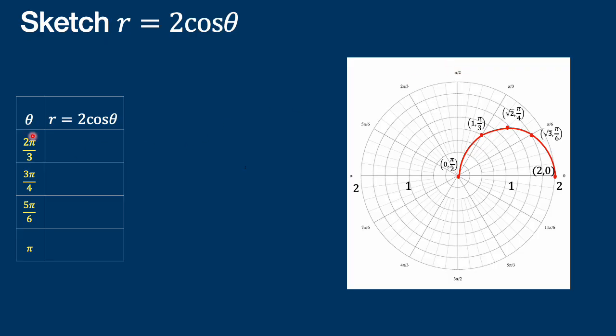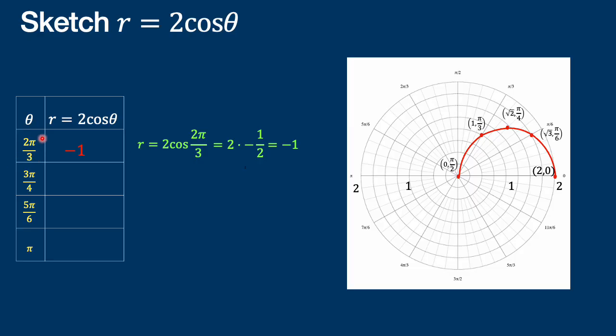Now, the angle is in the second quadrant: 2 pi over 3, 3 pi over 4, 5 pi over 6. Let's say theta is 2 pi over 3. What is r going to be? Cosine 2 pi over 3 is negative 0.5, times the 2, that's negative 1. So be very careful here, guys.